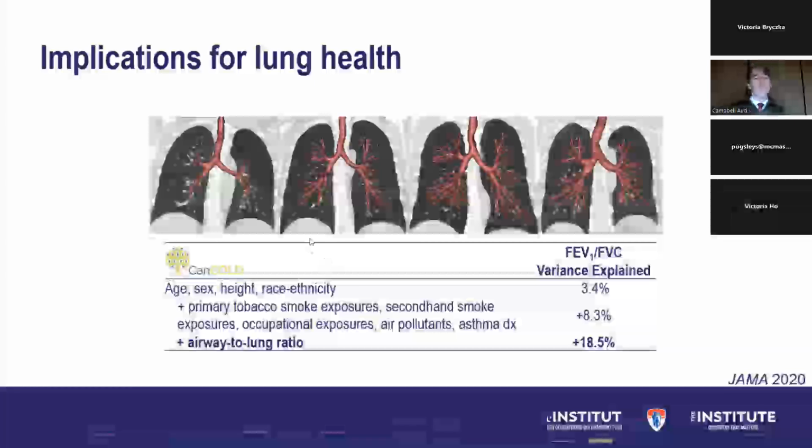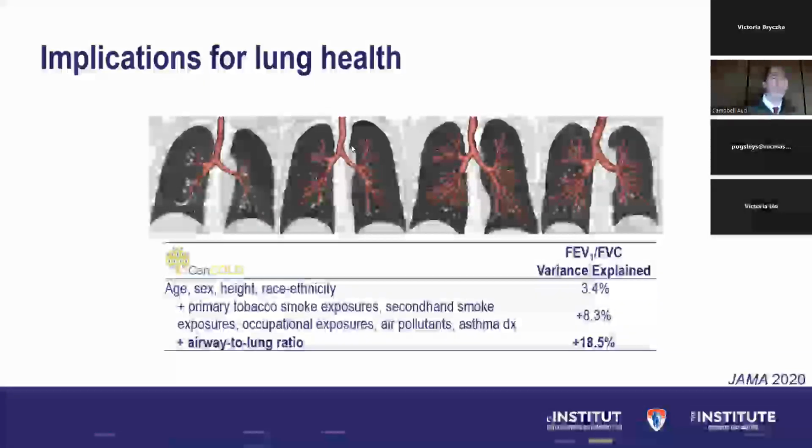Another thing that some people asked, reviewers in particular, was, well, okay, this is a risk factor for COPD. How big of a risk factor is it? So one approach to doing this, there's no perfect approach, but we can try to quantify the amount of variance in FEV1 over FVC explained in the population. If we just include age, sex, height, and race ethnicity, that explains 3.4% of the variance.